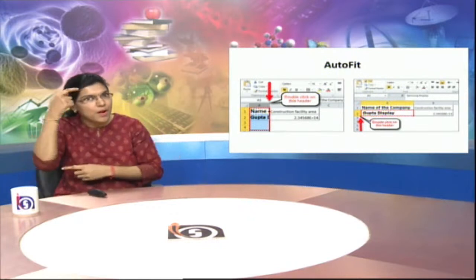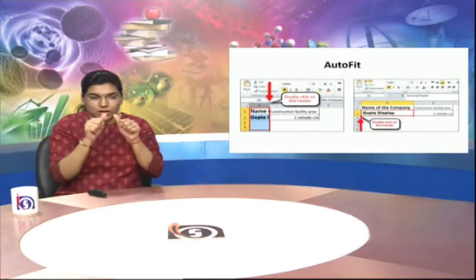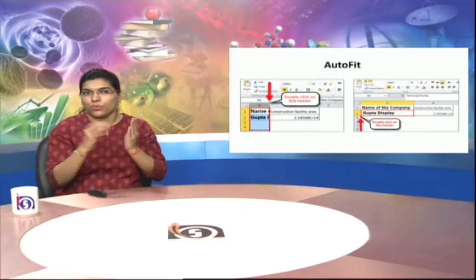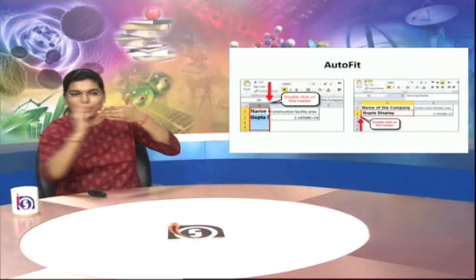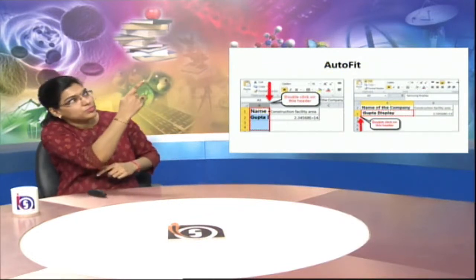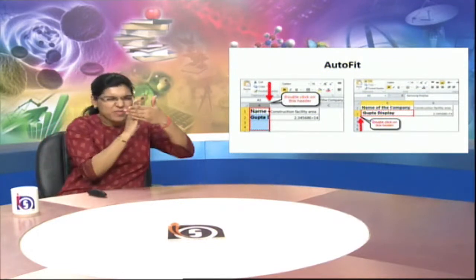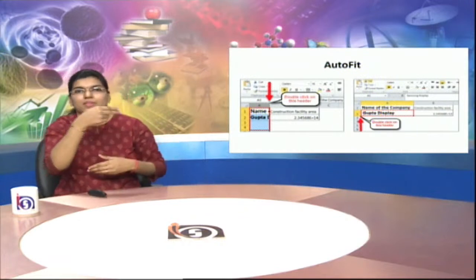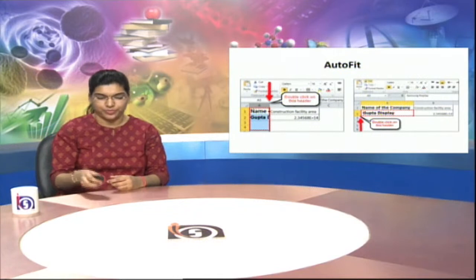In that case, we can drag the mouse till the cell and select the auto fit button. That will make the cell bigger so that we can see the full text which is written there. So auto fit is used to make our cells bigger.